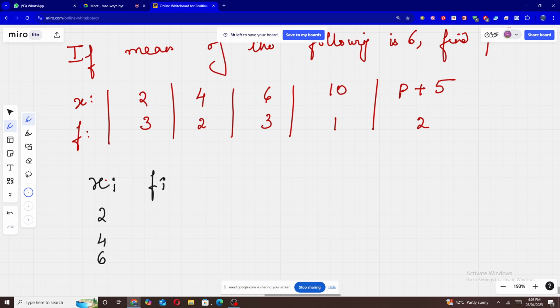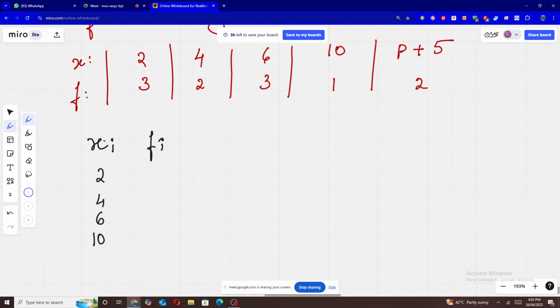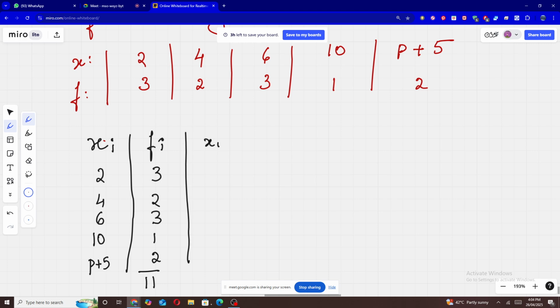That is the sum, yeah? And with the sum of Fi. You got Xi, you got Fi. Have to do sum of Fi. What is the next step, guys? 11. Then what is the next step? Xi Fi. Exactly.